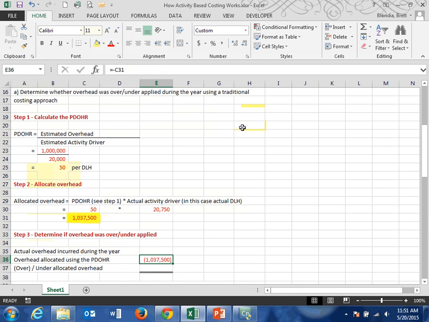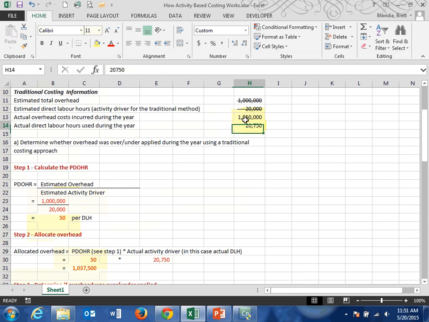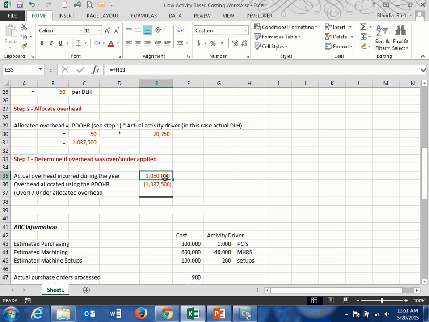So I'm going to come back up here, and once again, I don't need my actual direct labor hours anymore. The only number I really have left to deal with is my actual overhead costs incurred for the year. So we incurred $1,050,000 of actual costs, but we only allocated $1,037,500.